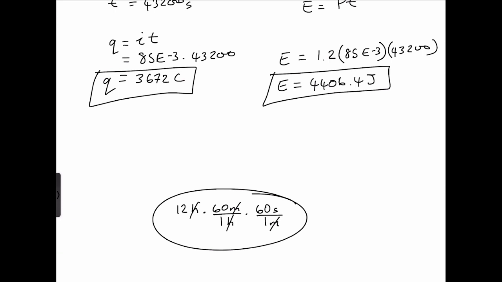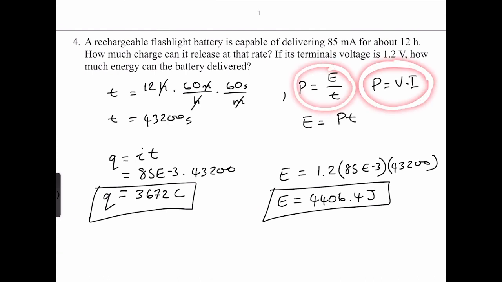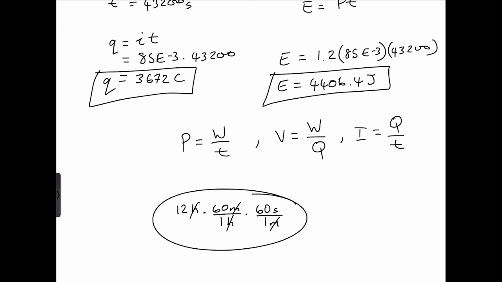And the equations that we use are that current is related to charge and time, power is energy over time, and power is V times I. We can see this by saying that power is equal to W over T, voltage is equal to W over Q, and current is equal to Q over T. As you see, the reason why we can write power as V times I is because P is equal to W over Q times Q over T, which goes back to W over T, which is power.